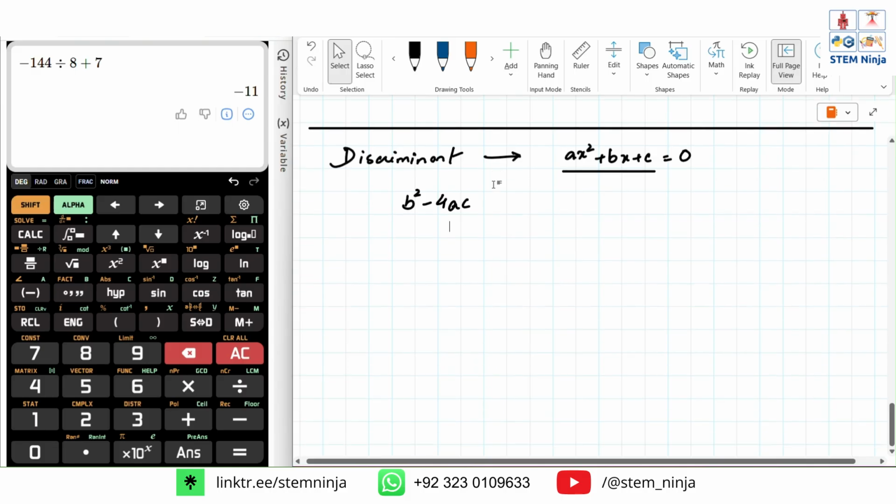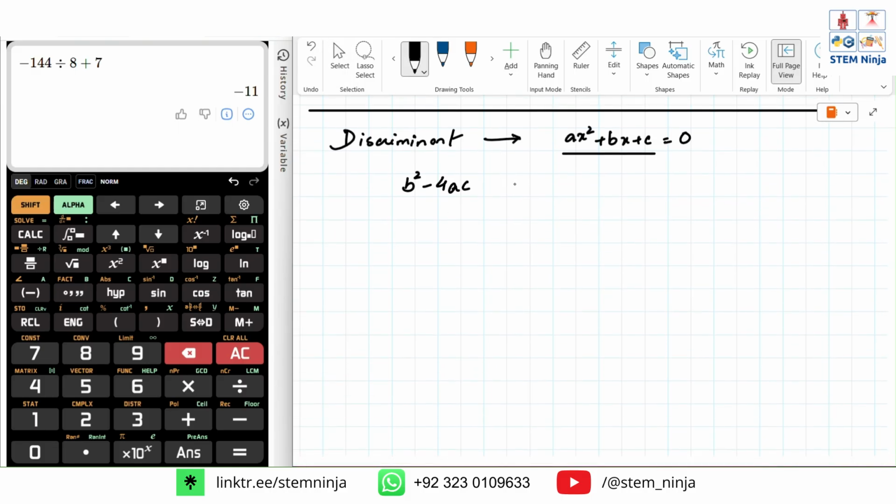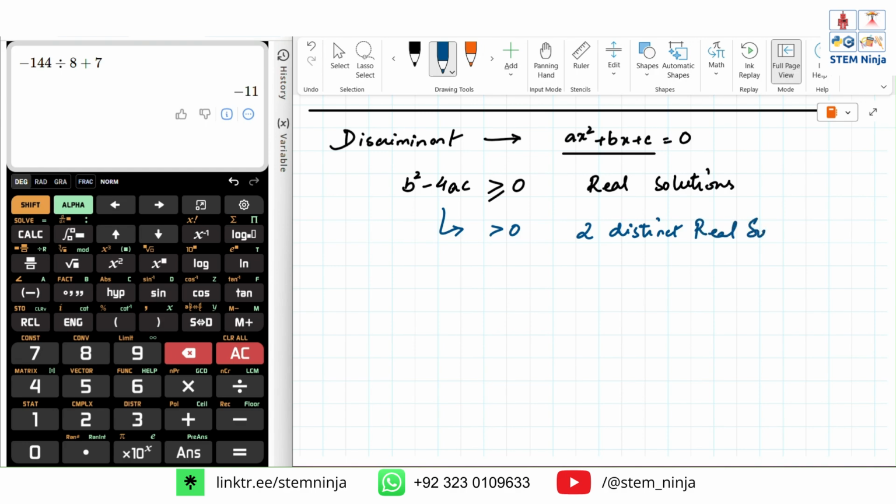And we can actually see that in many different ways. If it is greater than or equal to 0, you will have real solutions. More specifically, if it is greater than 0, you will have two distinct real solutions. And if it is equal to 0, you will have one solution.